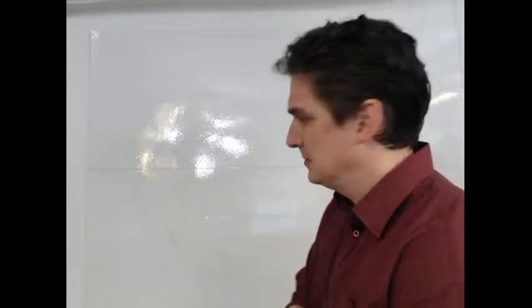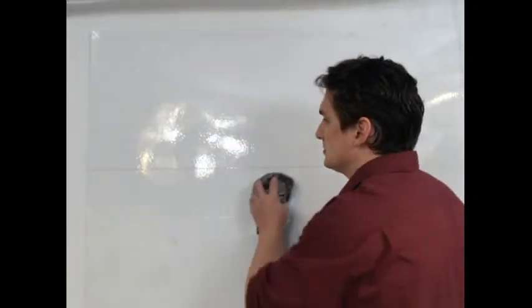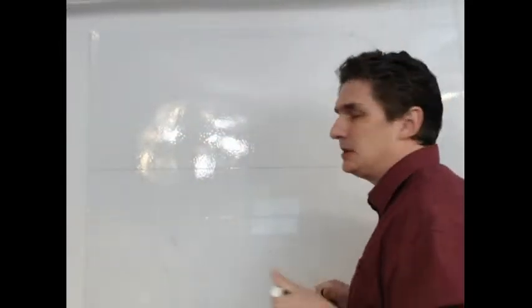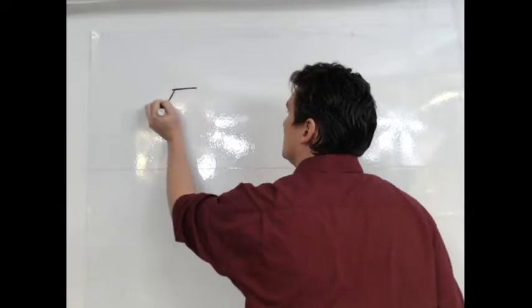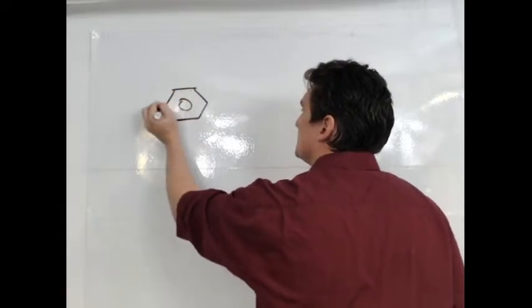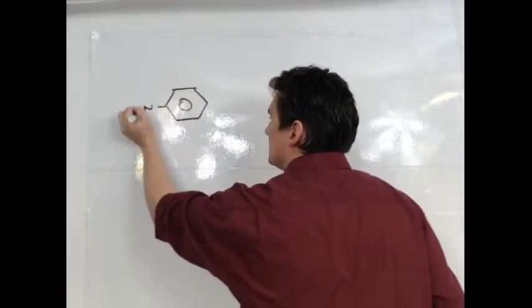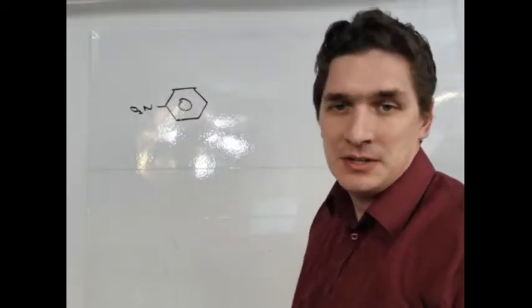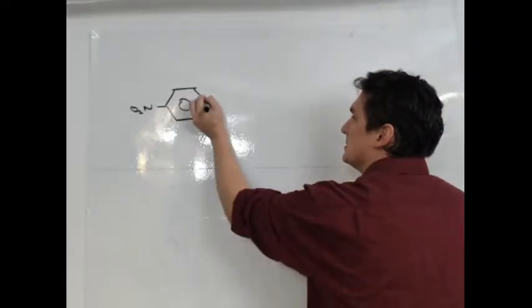So assign the chemical shifts to the appropriate positions of para-nitrophenyl propanoic acid. So let me draw it up. There is a table on the course website under test 1 which will give you a list of the common chemical shifts.